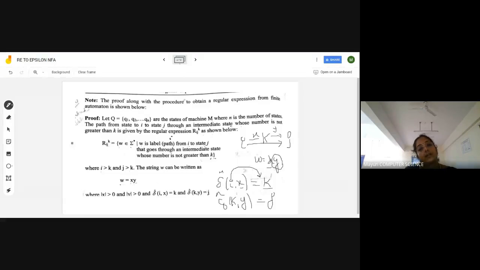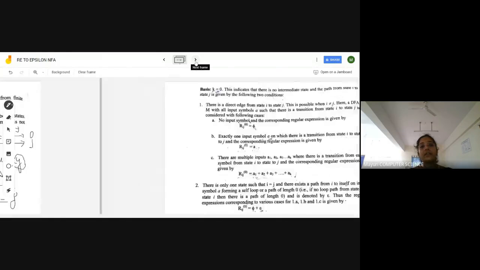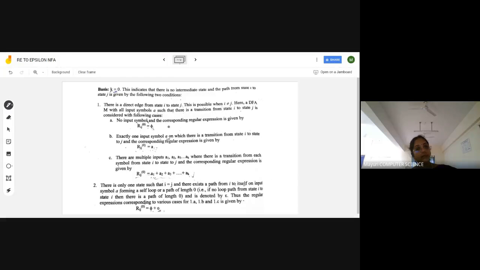Okay. As I told you, the proof is done for Kleene's theorem, then we will go for the basis, then induction. Basis is with length 0. What did I tell you? I have to go from I to J through K. Now this is the major contribution to my formula generation.